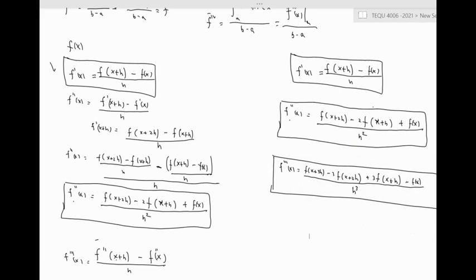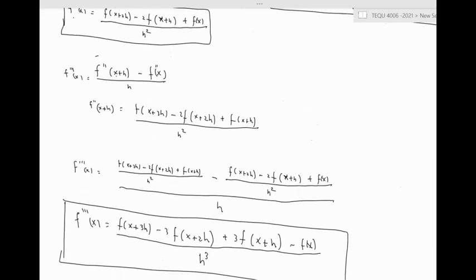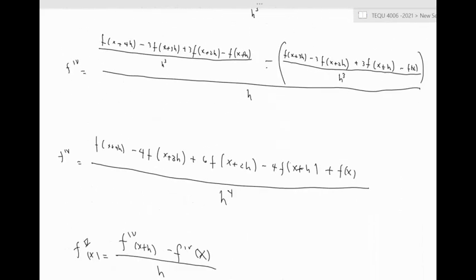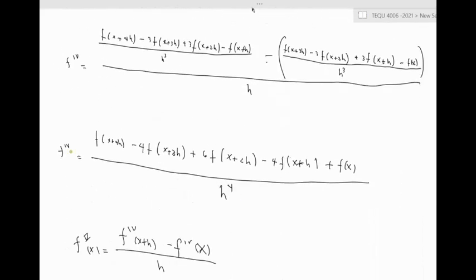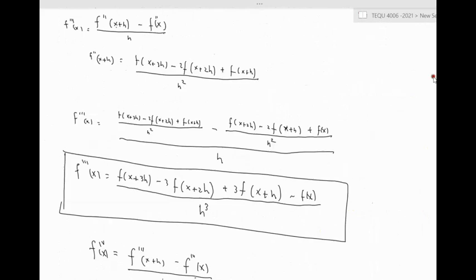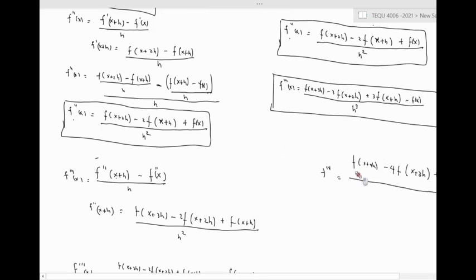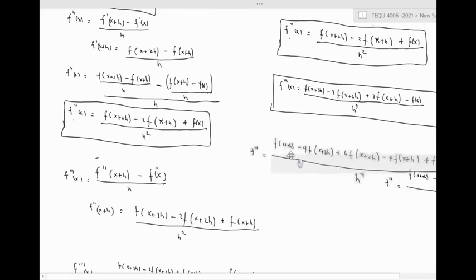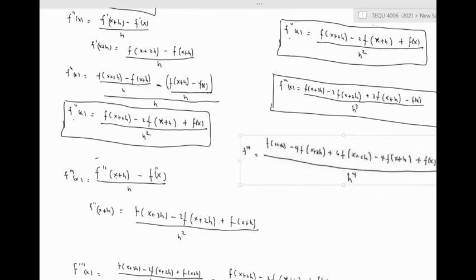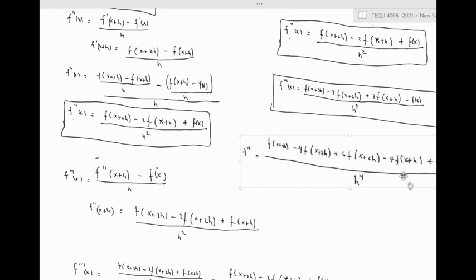How about the fourth one? Okay, fourth derivative, numerical differentiation at best. And this is the fourth derivative. Copy. Put it right here, make it smaller. Well, now that's not that much smaller, but I can still see everything.